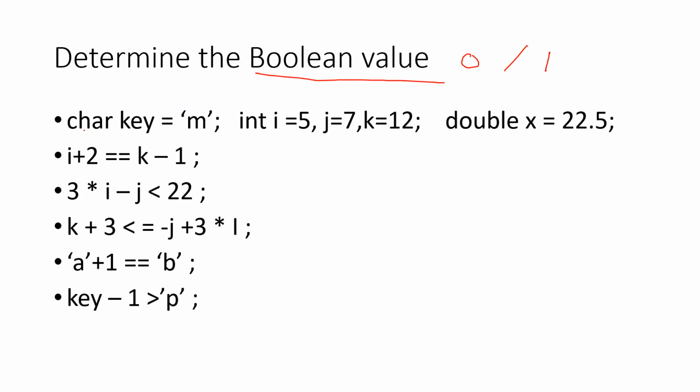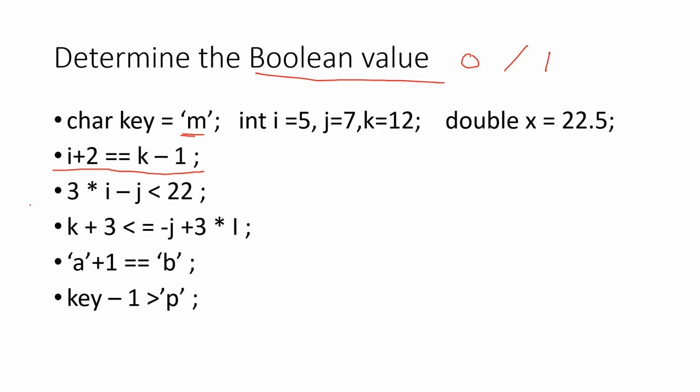So you are given this declaration. You declare char key is a character and the value is m, integer i, j, k, and double x equals to 22.5. Now if I put something like this, i plus 2 is equals to k minus 1.